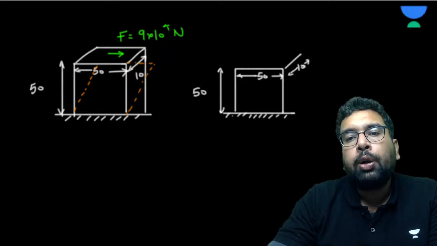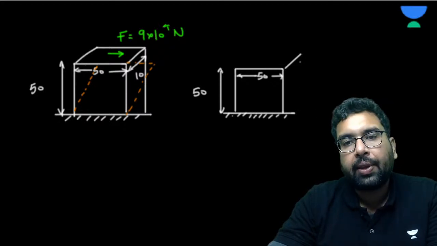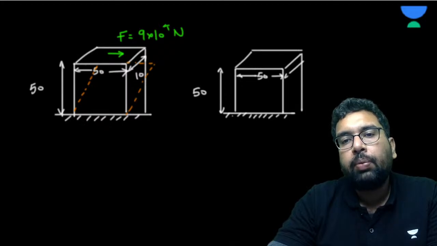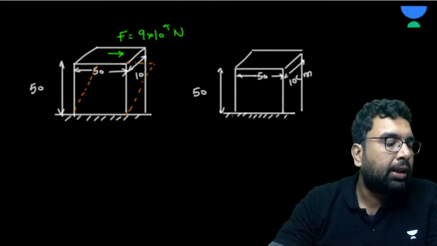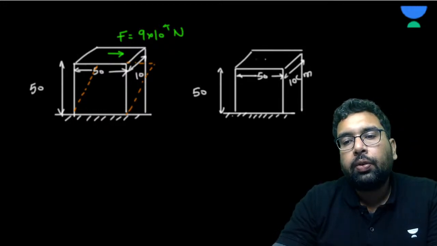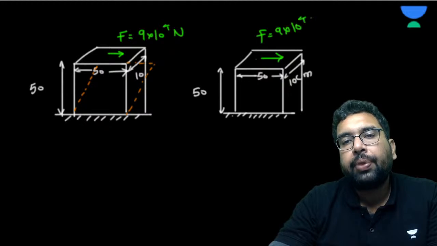Because they say that the force is applied on the narrow face. The narrow face obviously would be the one having the 10 centimeters. Now the force is like this, so we have the force F that is 9 into 10 to the power 4 Newton, right?